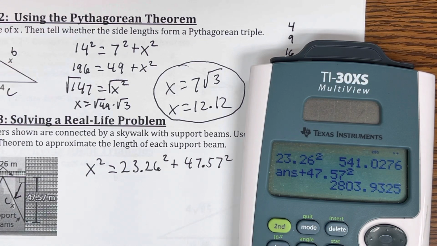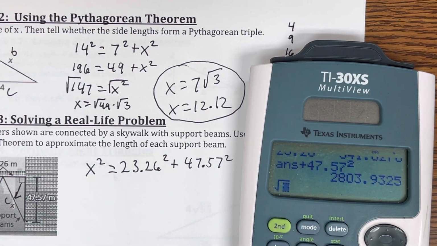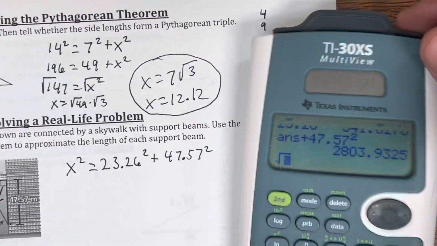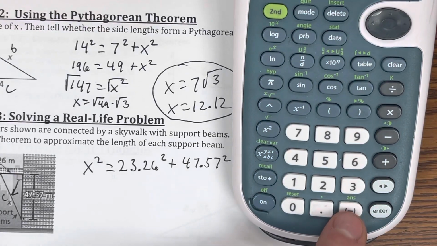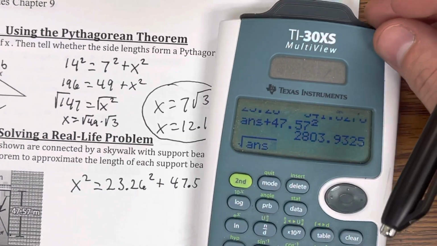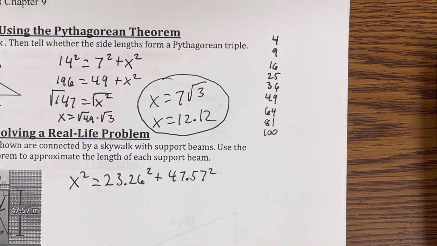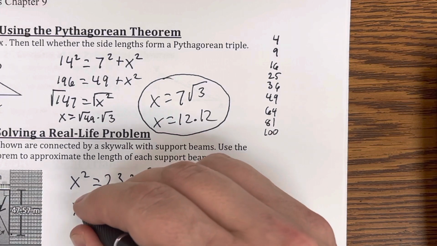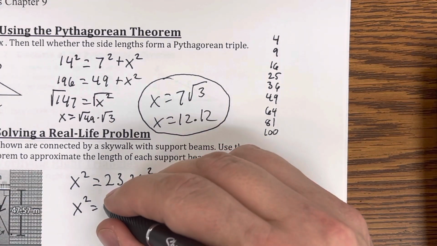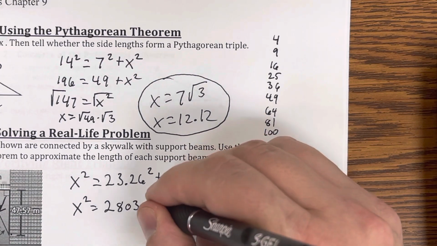Now for me to take the square root of that, I need to press the second button and get the square root to pop up. And then I can press second answer, down at the very bottom here. I have an answer button, ANS. That puts whatever was here into the square root, which is a lot easier than me typing it in. And I get 52.95. So x squared was equal to 2803.93.